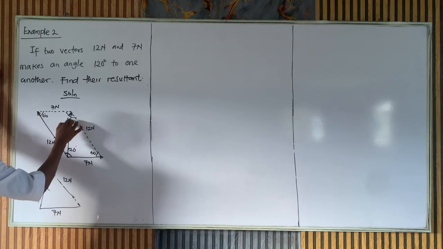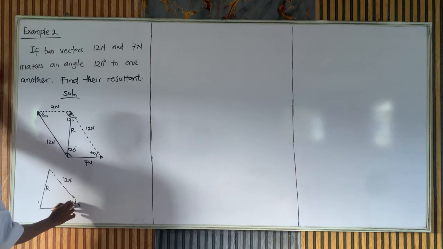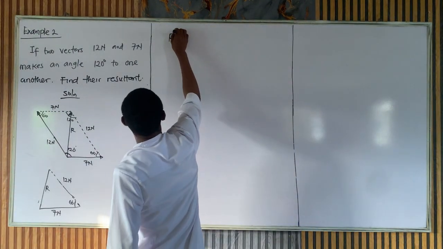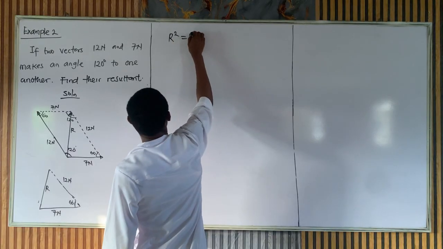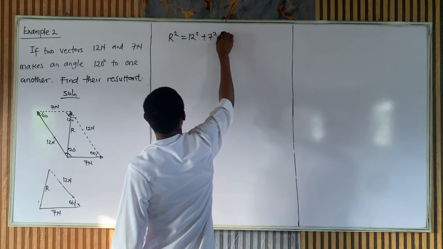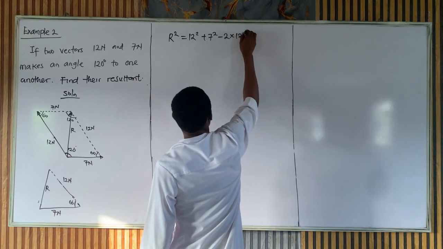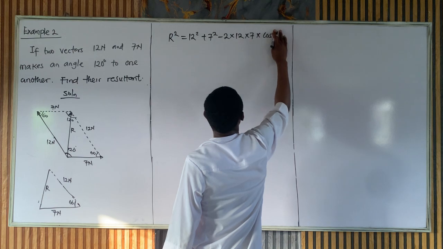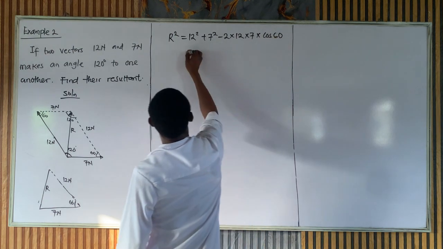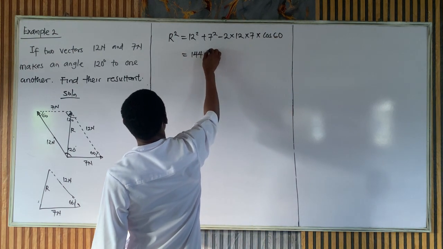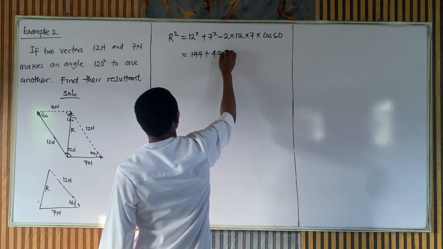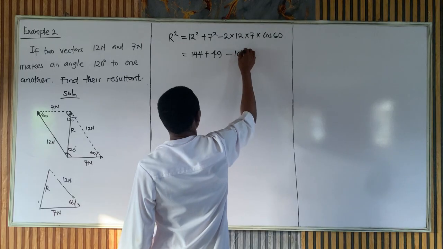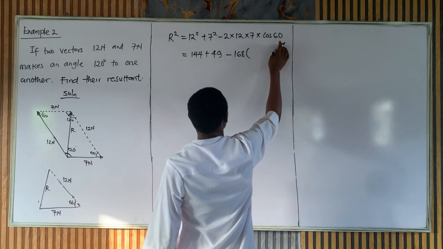I'm looking for the resultant. Using the cosine rule, r squared should be equal to 12 squared plus 7 squared minus 2 times 12 times 7 times cos 60. So 144 plus 49 minus 2 times 12 times 7, this is 168, into cos 60, which is 0.5.